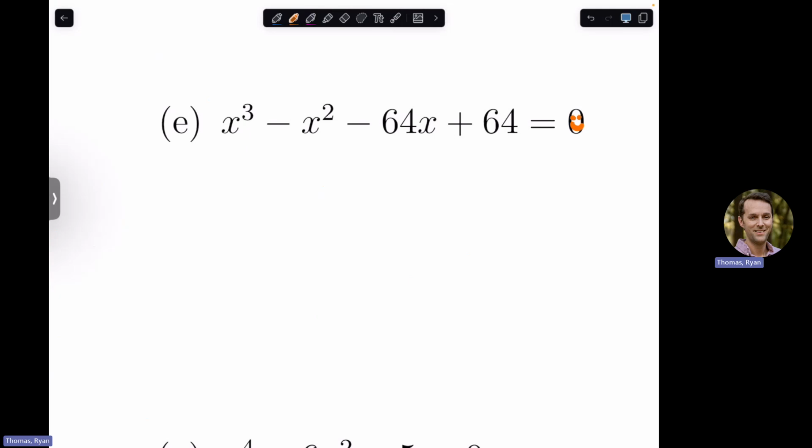If I start running down my options though, I'm trying to factor. But if I look all the way across here, I don't see a common factor. Okay, what can we try instead? Any ideas? Do what?